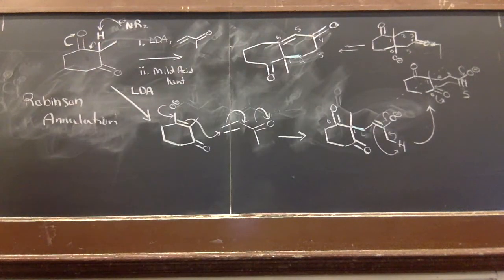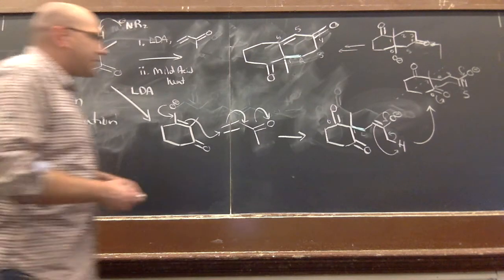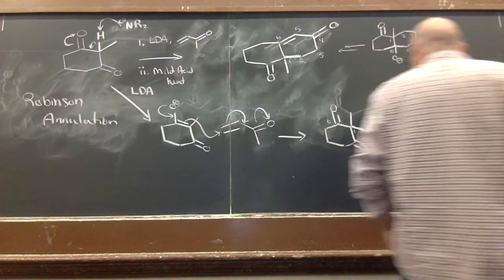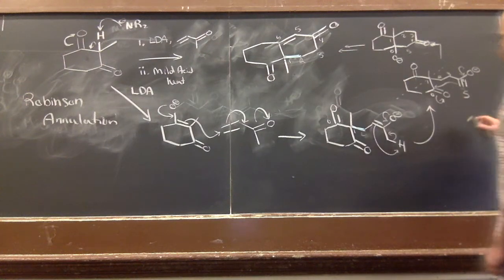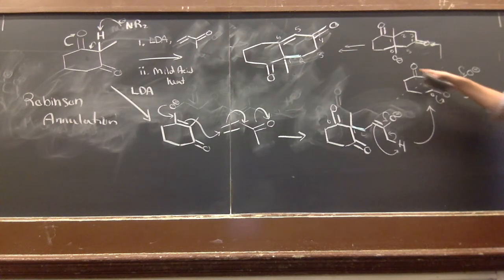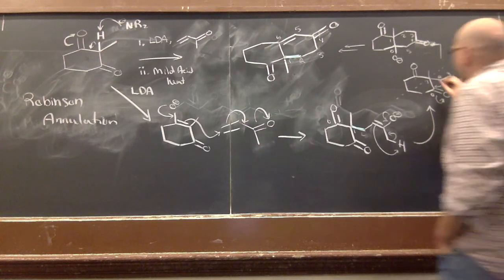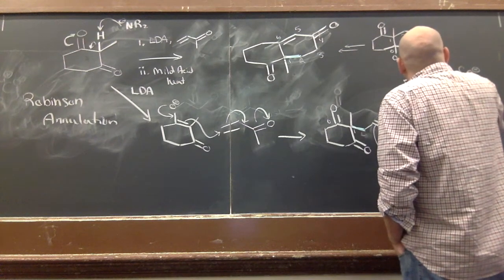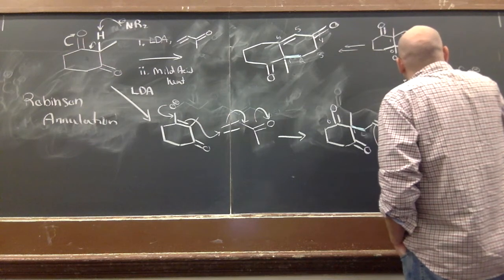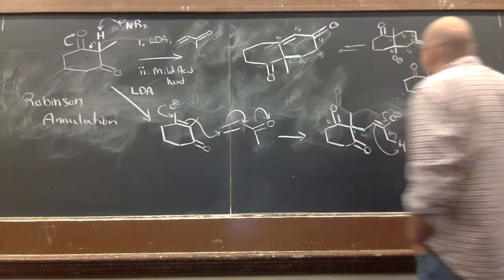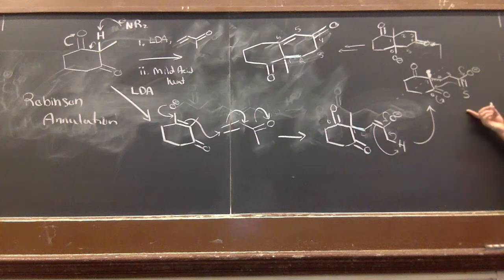enantiomer. Now, what's interesting about this reaction is that we have this symmetry that's here. We didn't really imply any stereochemistry to this molecule, but if I did show stereochemistry here, this molecule is achiral.